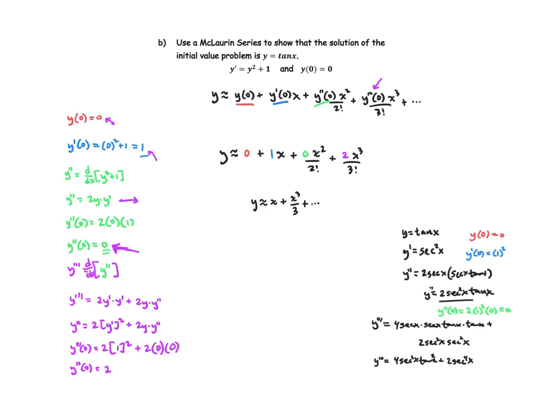Go look at that. Very good. And y triple prime at 0 will equal 4 times 1 squared times 0 squared plus 2 times 1 to the 4th, which will end up being 2. Now, we're not going to prove that the remaining portions of the terms are all equivalent, but you can see here that it looks promising. All right guys, that's how you use the Maclaurin series to find solutions to differential equations.